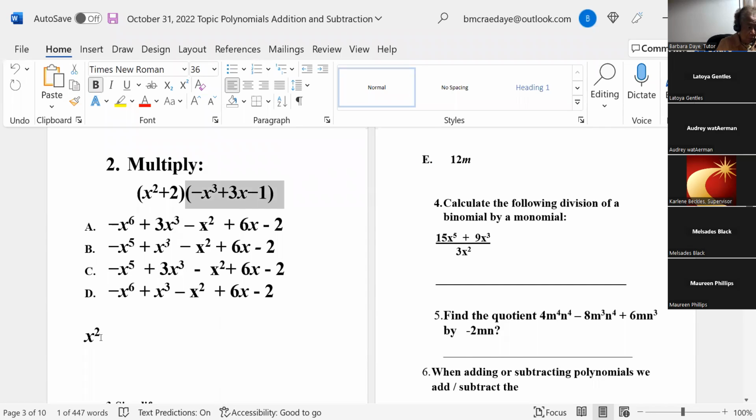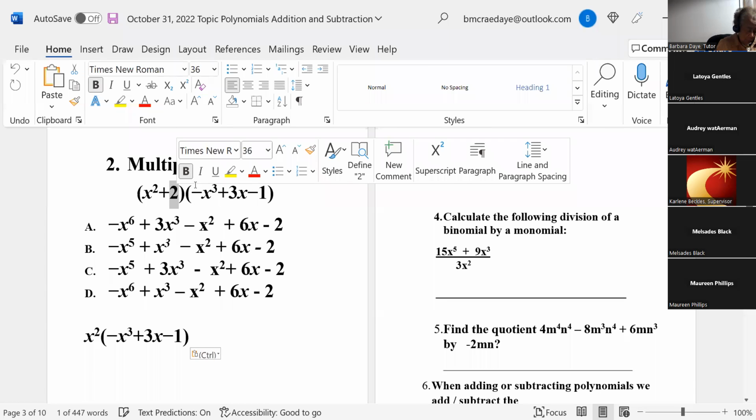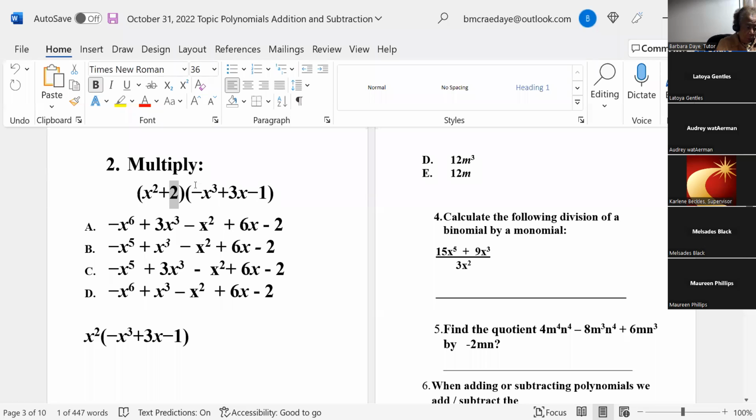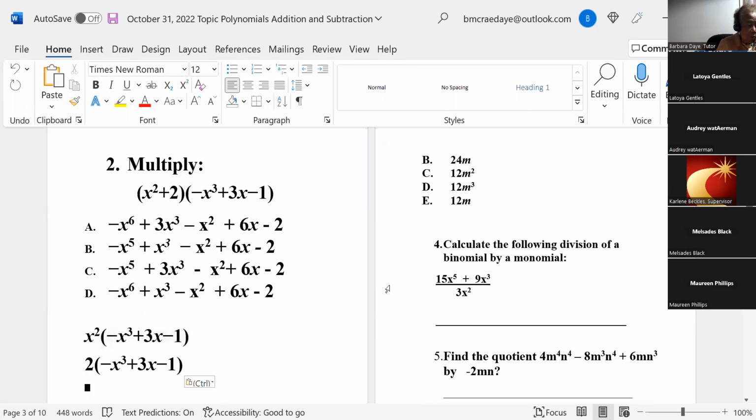And then we'll take the 2, and we want to multiply that by that same expression. Okay, is that what you did, Audrey?